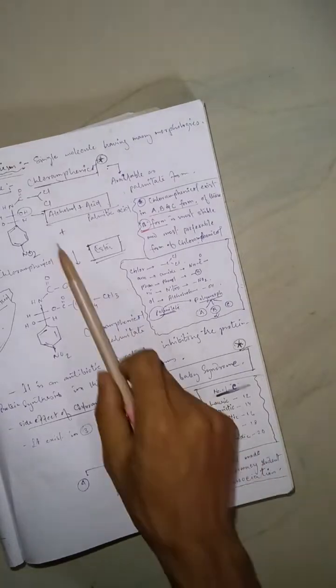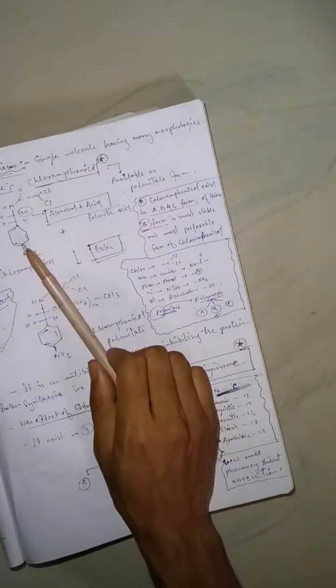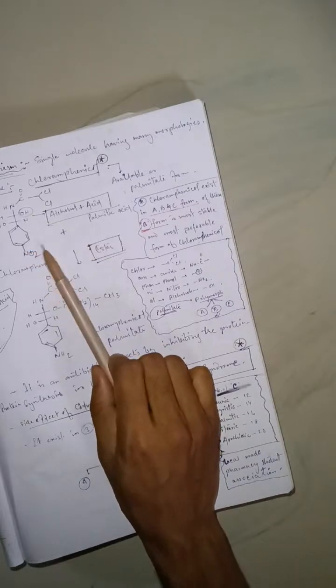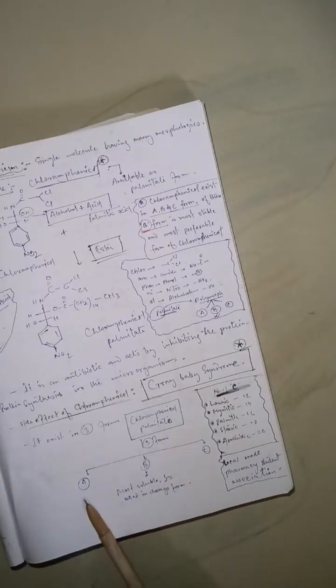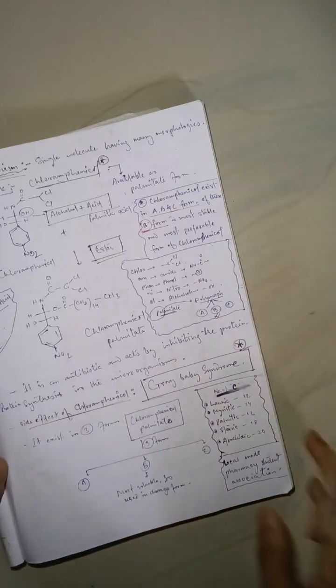Chloramphenicol palmitate, as I already showed you on the board, is formed when chloramphenicol is mixed with palmitic acid, and it has three forms, A, B, C. Out of that, B is the most soluble, so it is used in dosage form.